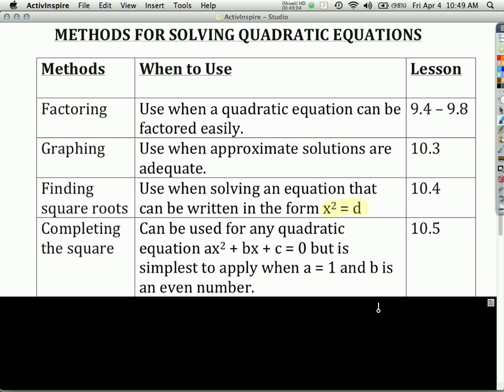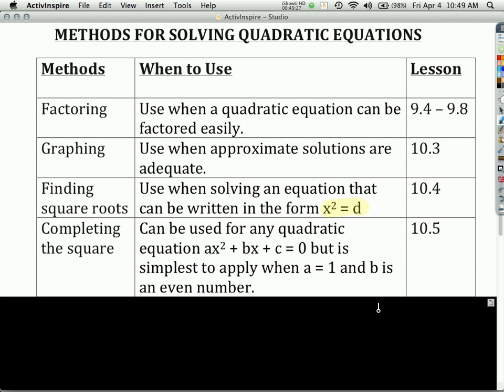Completing the square, you are not going to learn. My advanced students should read this section of the textbook and/or watch a video on Khan Academy, which is linked to my website, or Algebra Nation on completing the square. You don't need to know how to do the method for this year.